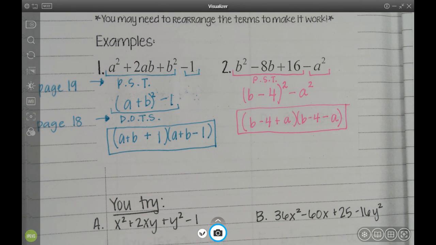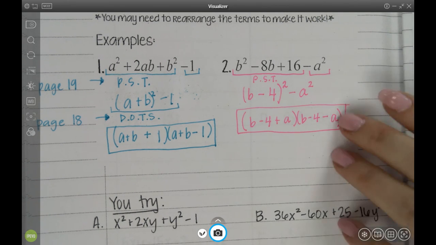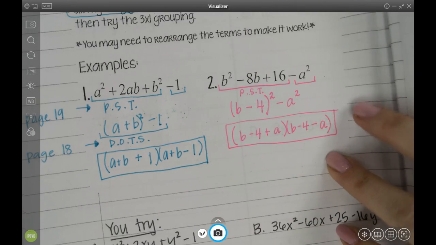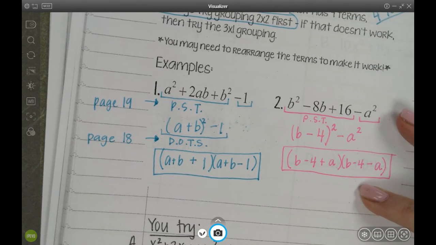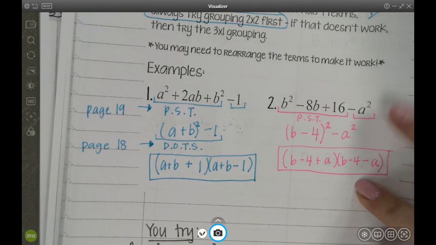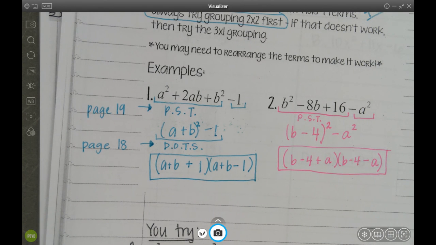So that's your AC method or your guess and check. It's going to have difference of 2 squares, perfect square trinomials, factoring by grouping 3 and 1s, and whatever we just did, the one before that. My brain is tired, if you can't tell. What did we do on page 20? Oh, cubes. Okay, so it's going to have all the different things.